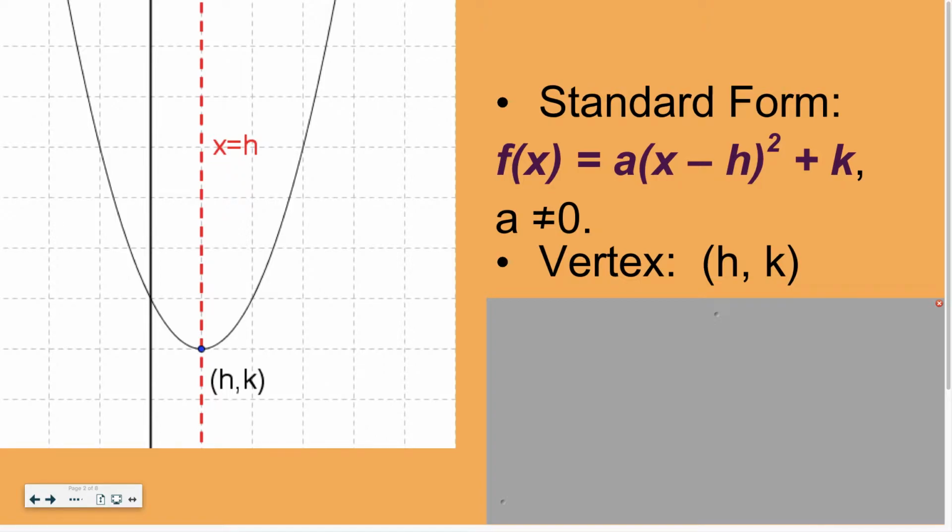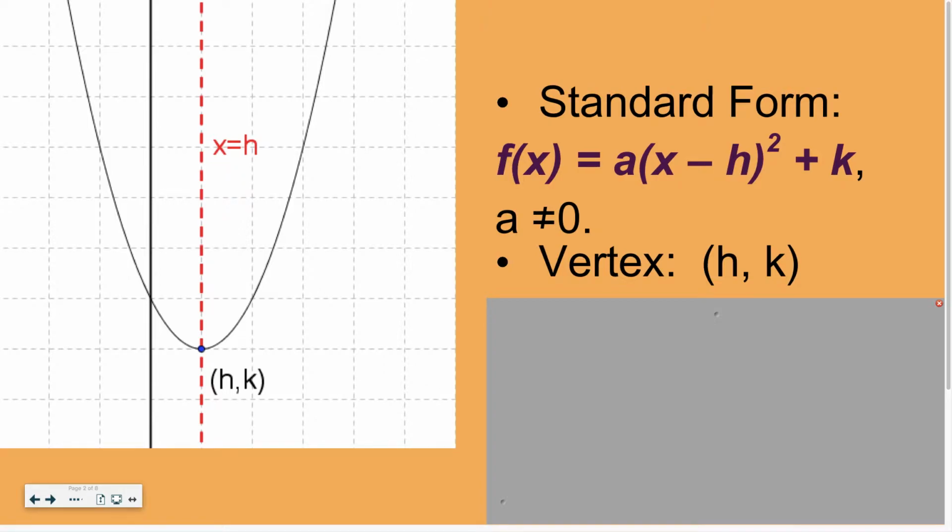X minus h means h is that x coordinate for the vertex. So I would encourage you to think about, am I shifting right or am I shifting left to identify that x coordinate, okay? So like if it was x minus h and h equaled 1, so it's like x minus 1, the coordinate would just be 1, not negative 1? Correct. But if it was x plus 1, the quantity squared, because we're shifting left 1. Was that your question, Joe, that I just answered? Awesome. Okay.